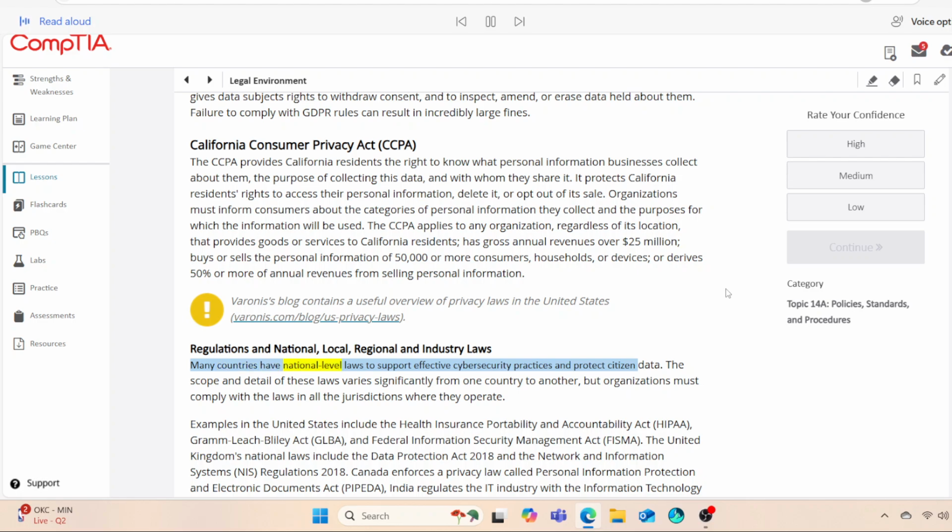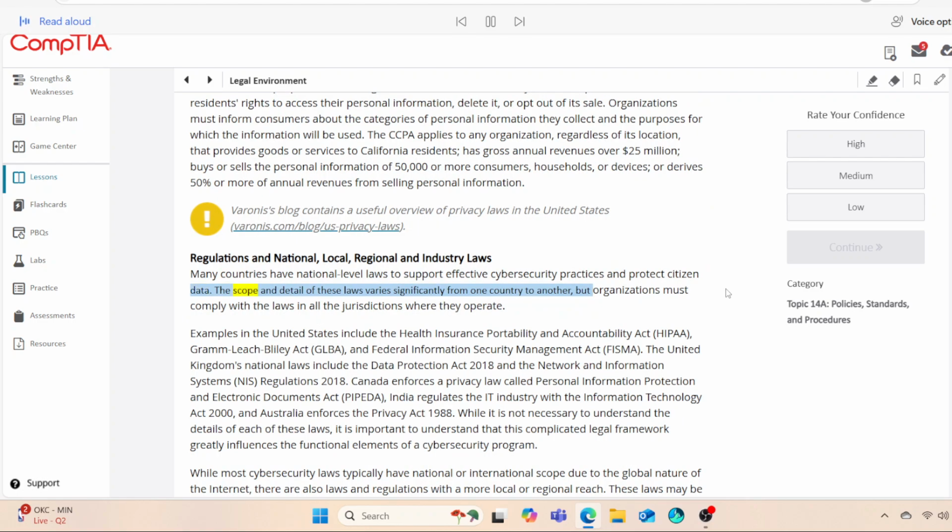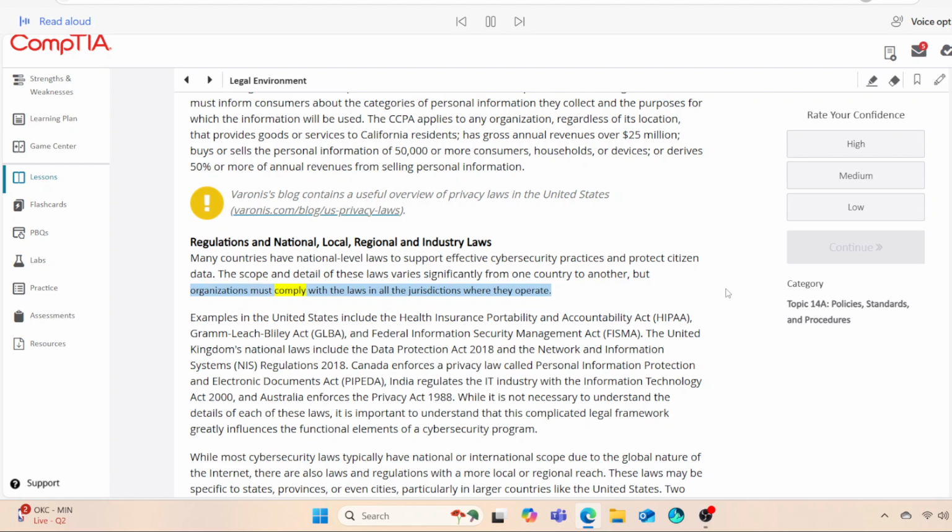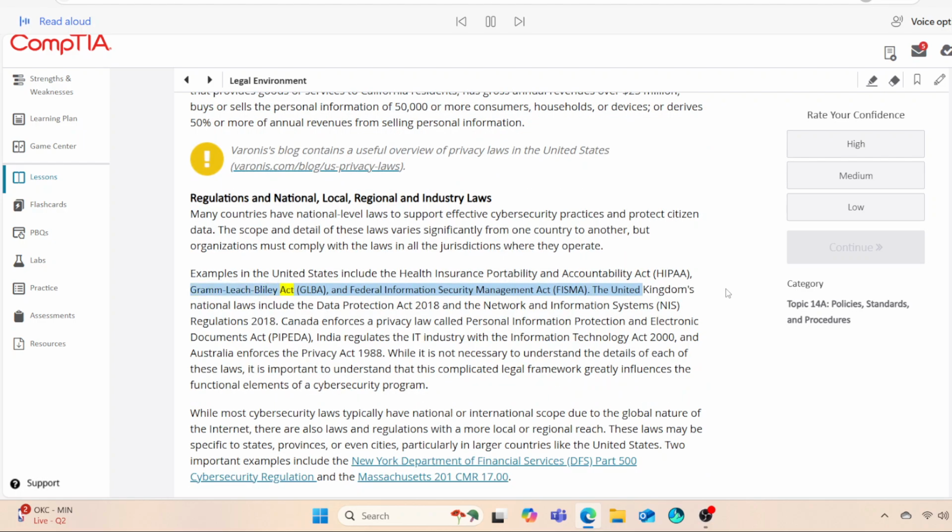Regulations and national, local, regional, and industry laws. Many countries have national-level laws to support effective cybersecurity practices and protect citizen data. The scope and detail of these laws varies significantly from one country to another, but organizations must comply with the laws in all the jurisdictions where they operate. Examples in the United States include the Health Insurance Portability and Accountability Act, HIPAA, Gramm-Leach-Bliley Act, GLBA, and Federal Information Security Management Act, FISMA.